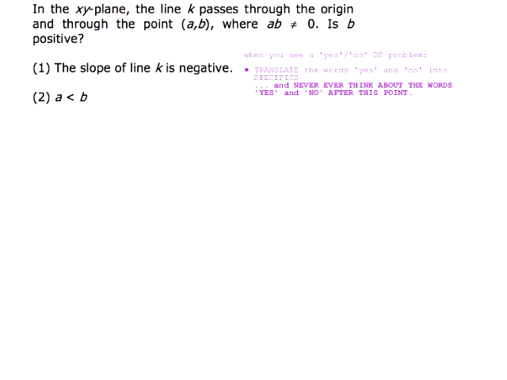So what does a yes to this mean? The question is, is B positive? So the yes answer means that you can do what? It means that you can make B positive.